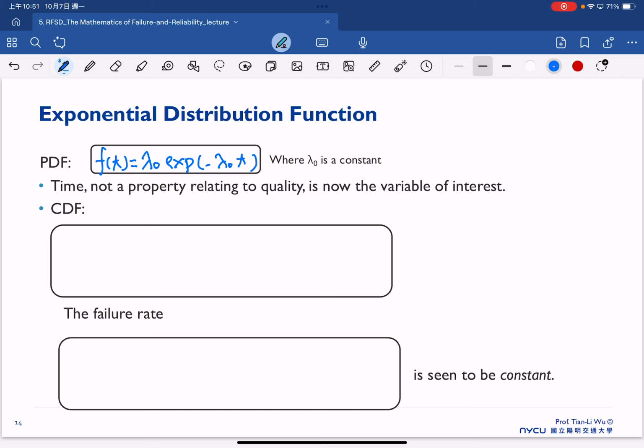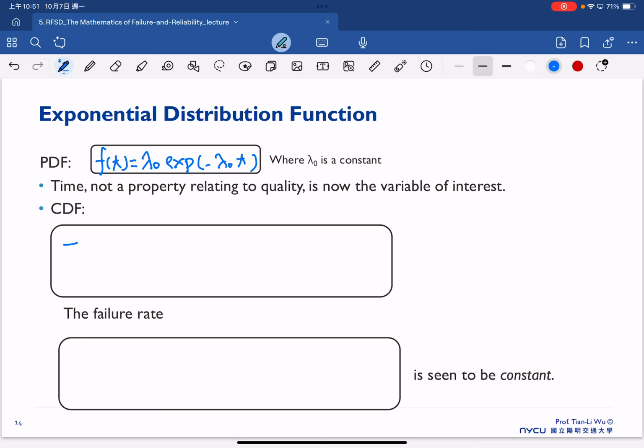This is a very general exponential decay function, where lambda 0 is a constant. Of course, the problem with this equation is that t, the time, is not a proper quantity, but it is the thing we are interested in.